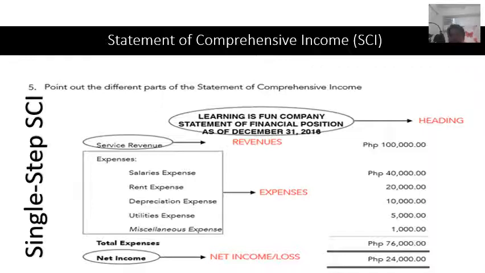So, again, the parts of the statement of comprehensive income under the single step approach are: the heading, the revenue section, the expense section, and then the difference of revenue and expense.